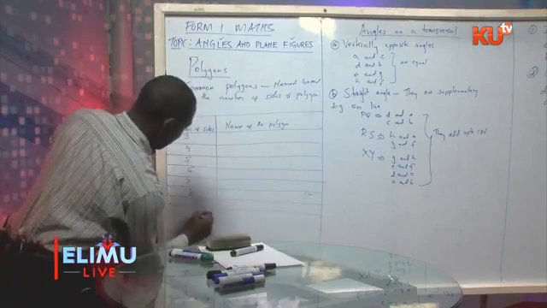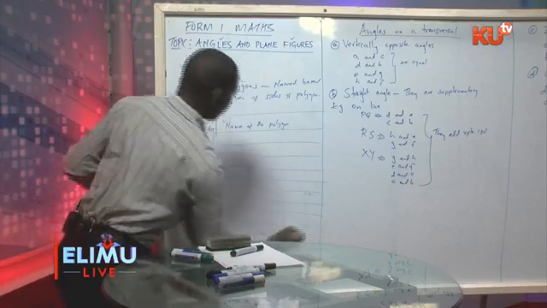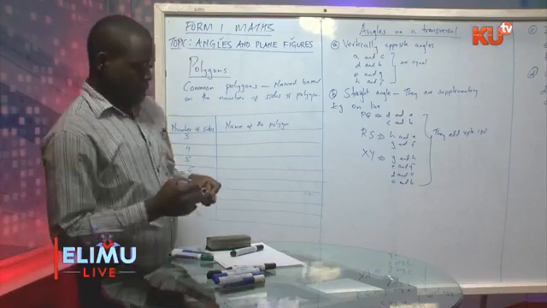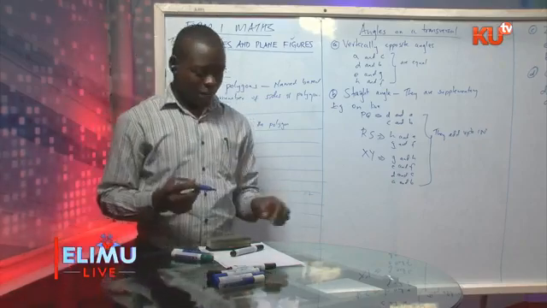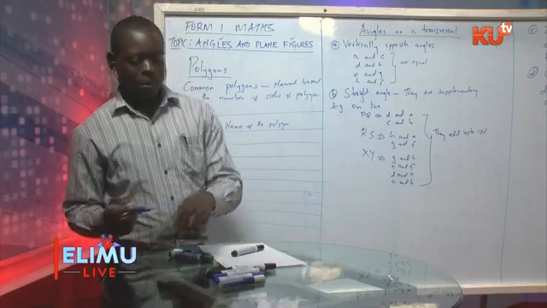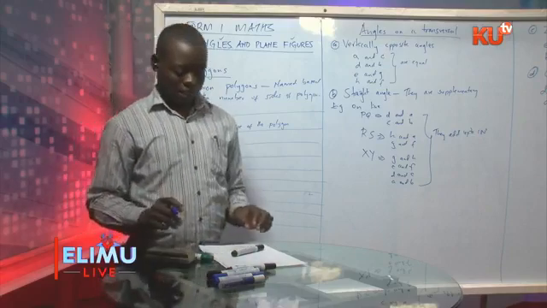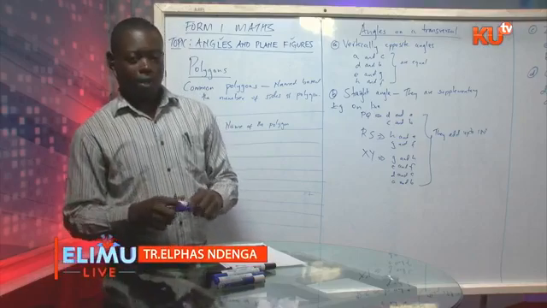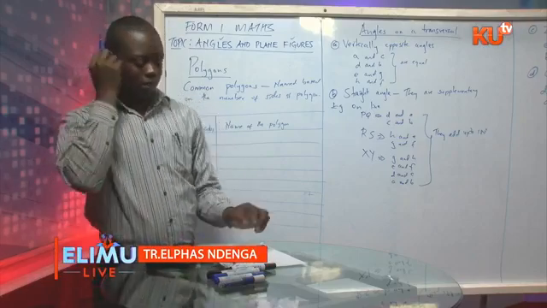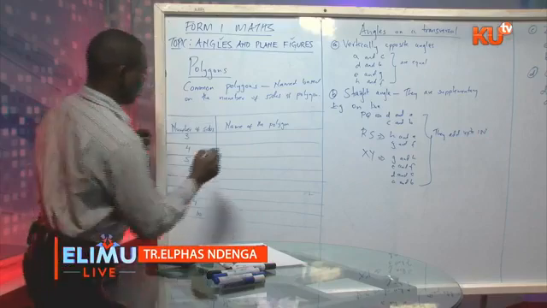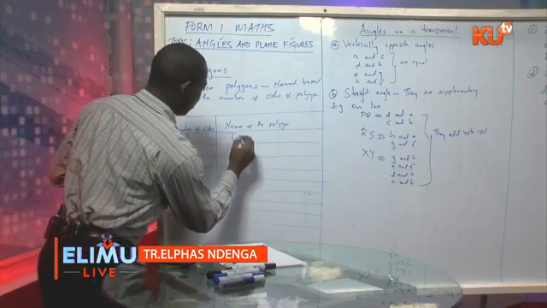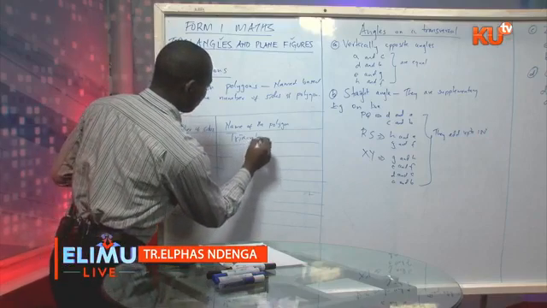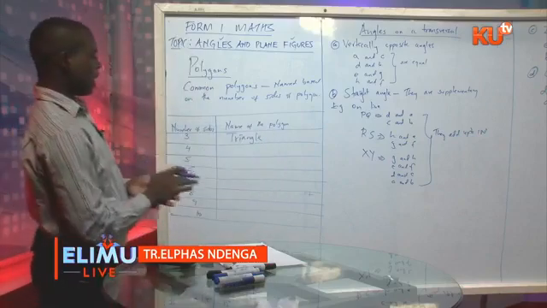And lastly, a polygon with 10 sides. So again, I'll ask my students to give me the name of a polygon with 3 sides, because we've just discussed it before. How do you call it? We call it a triangle. So when you're asked the name of the polygon with 3 sides, it is a triangle.